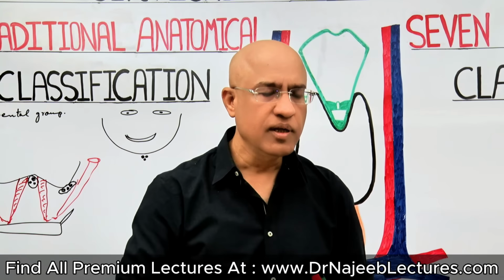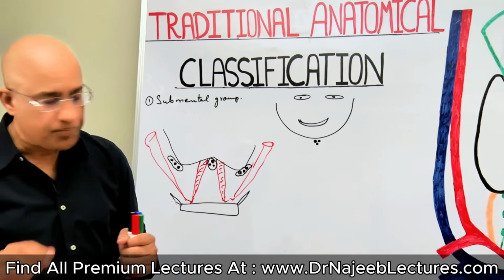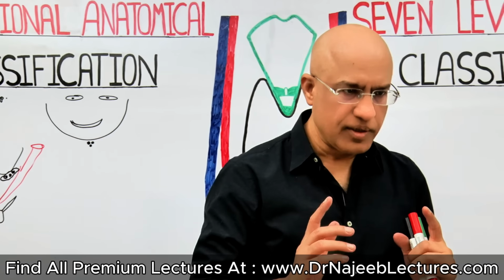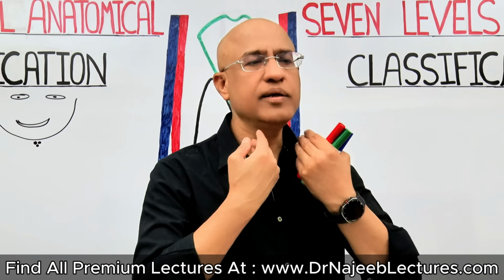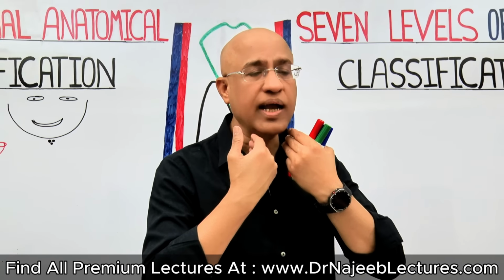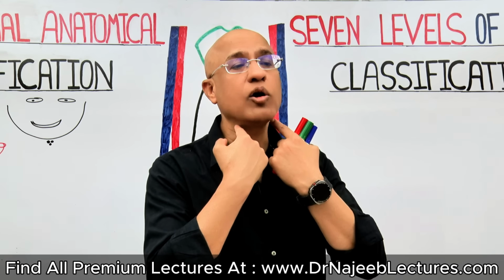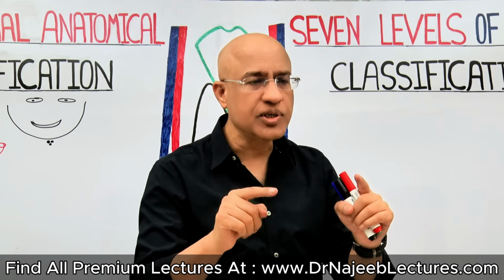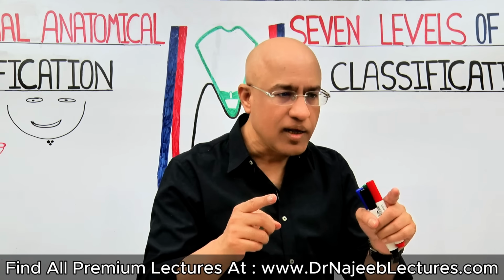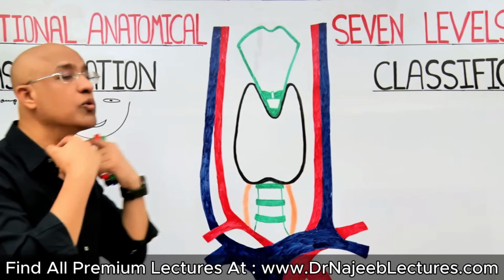Let's discuss the superficial cervical lymph nodes. They are very superficial, under the skin, and superficial to the sternocleidomastoid. Why do I say this specifically? Because the deep cervical group is along the internal jugular vein, and the superficial group of lymph nodes in the neck is along the external jugular vein and anterior jugular vein.